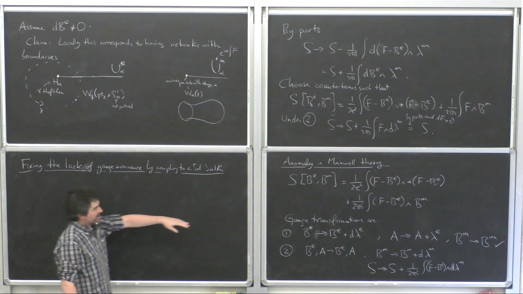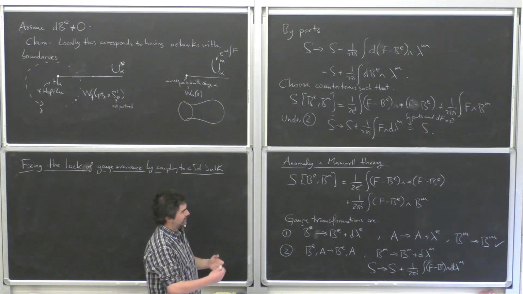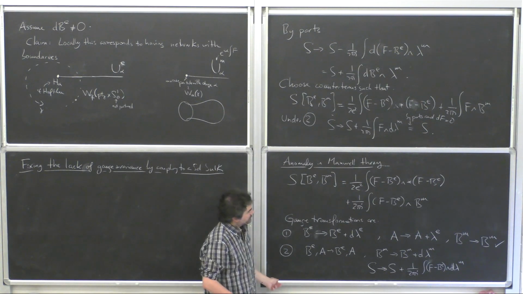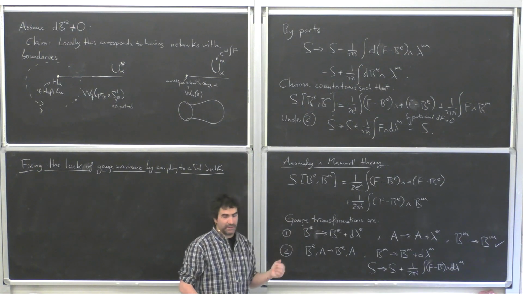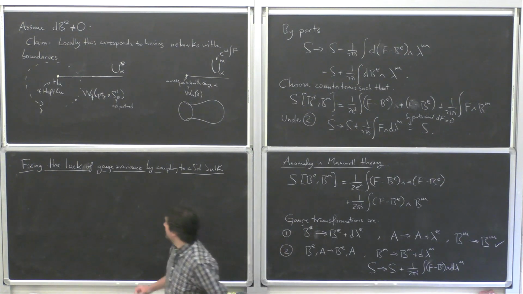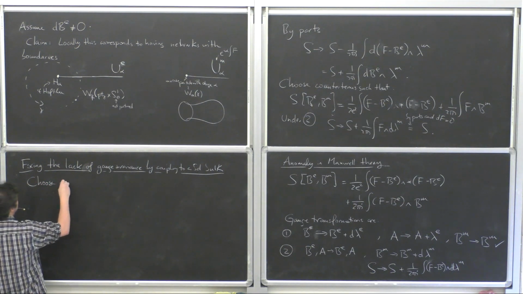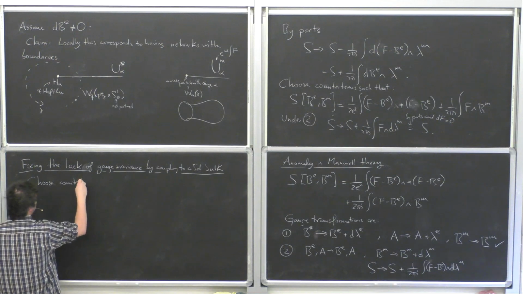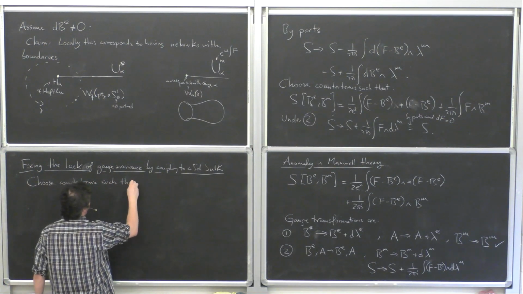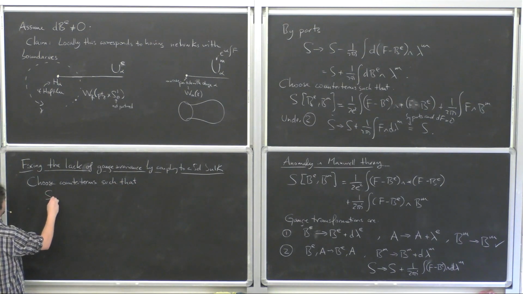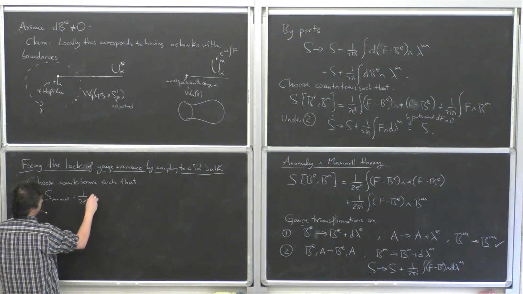So the exact anomaly, the exact failure of gauge invariance in this case, depended a bit on the choice of counter terms. So let me make a precise choice of counter terms just to get a definite analysis. So choose counter terms such that my Maxwell action is this one.